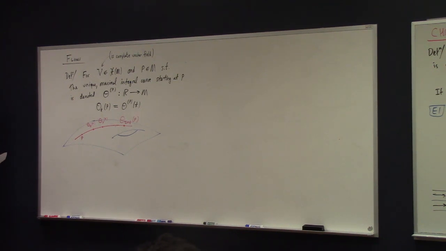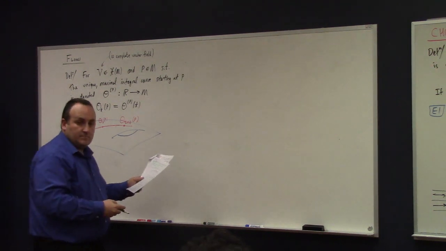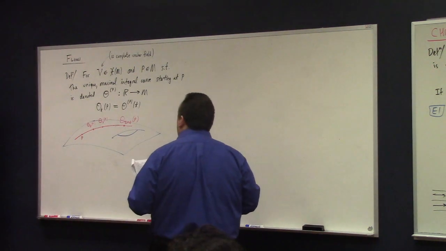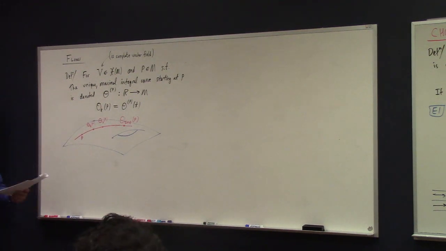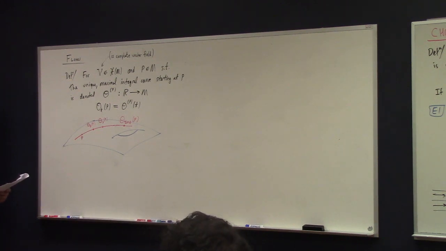Great. So, why is it unique and maximal? Oh, that's also in the theory. There does exist a unique maximal curve. So in the larger discussion of the not complete one, there's like a maximum.